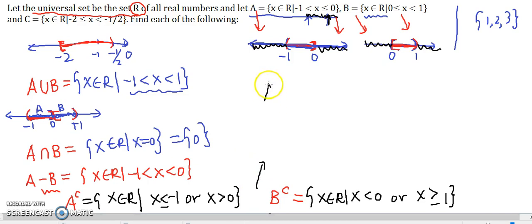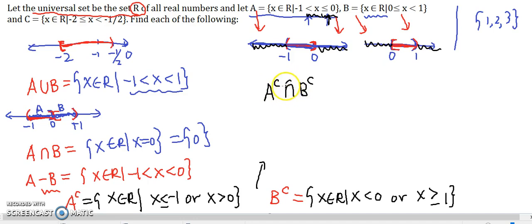For example, we can do the complement of A intersecting with the complement of B. Complement always goes first. Treat a complement as an exponent, so the exponent goes before the operation.